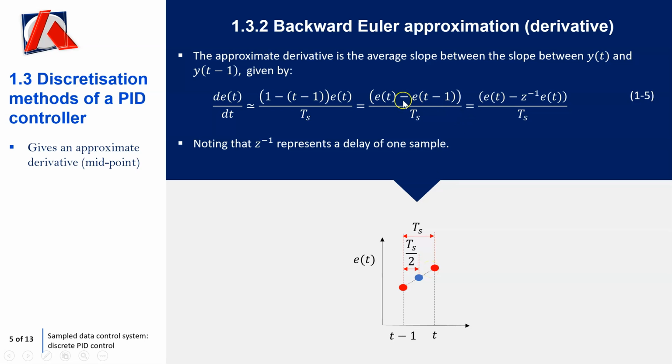Alternatively, you could represent it in this form, because if you remember, e of t minus 1 is effectively z to the minus 1 multiplied by e of t, noting that z to the minus 1 represents a delay of one sample. So effectively here we've got a delay of half a sample.